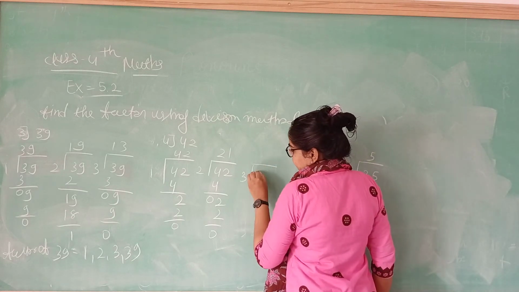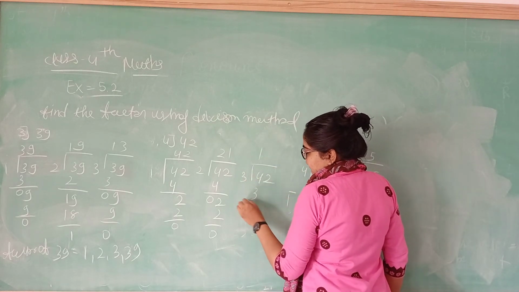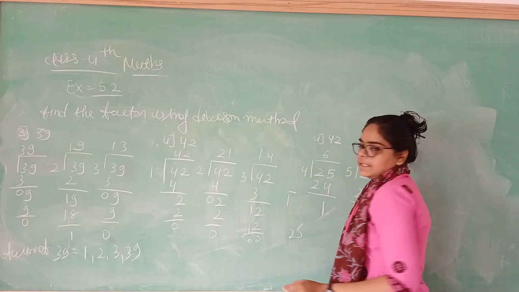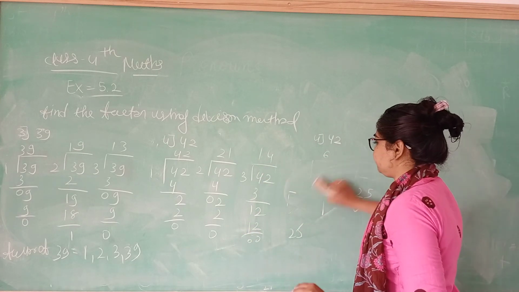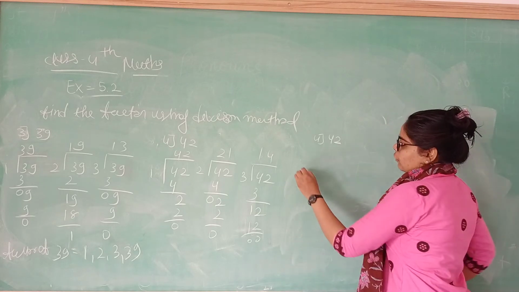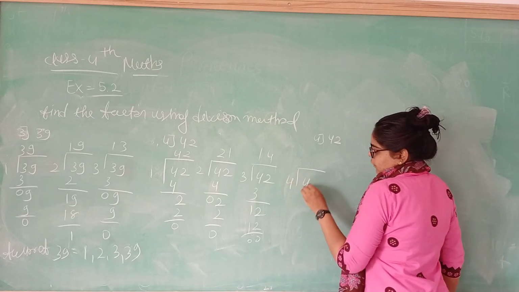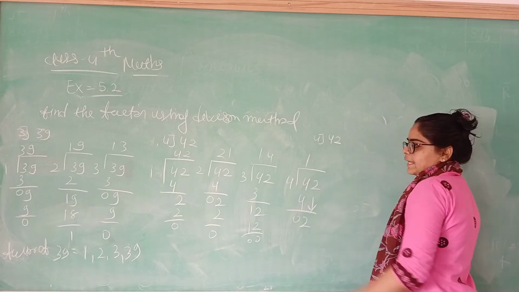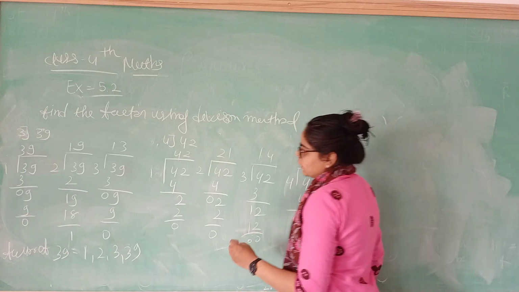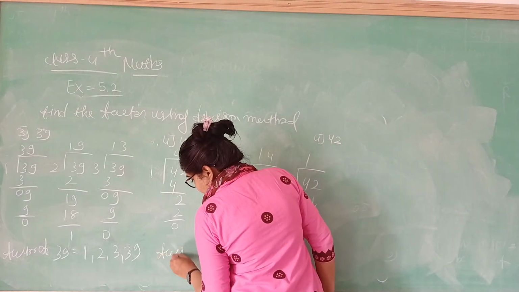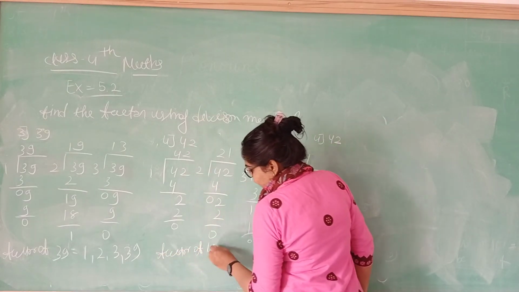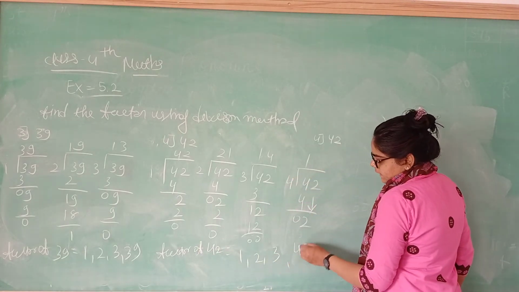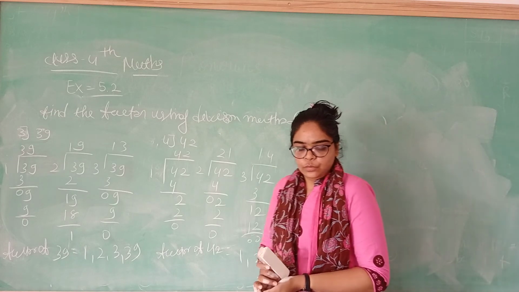Then 3: 3 1s are 3. 3 4s are 12. So 3 is also a factor of 42. Then 4: 4 1s are 4, remainder 2 is there. So 4 is not a factor of 42. So the factors of 42 are 1, 2, 3 and the number itself, 42.